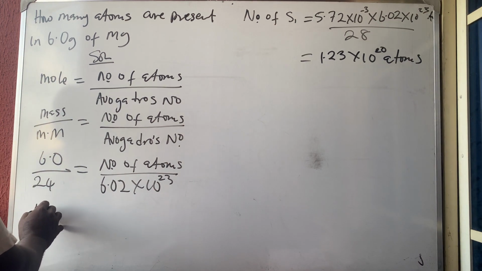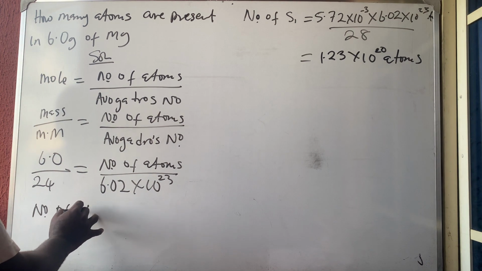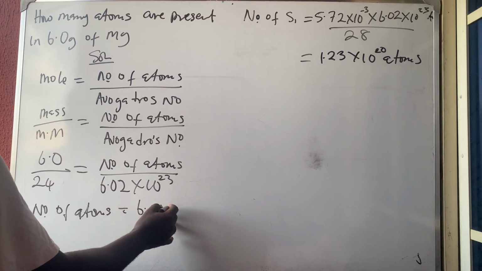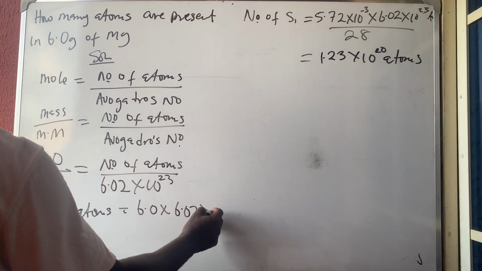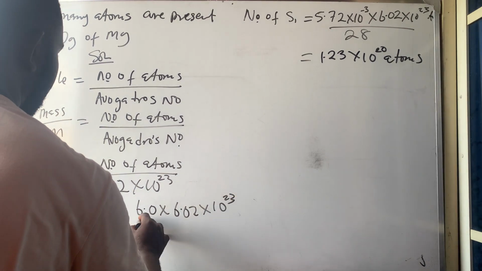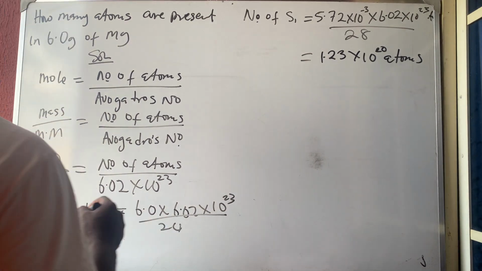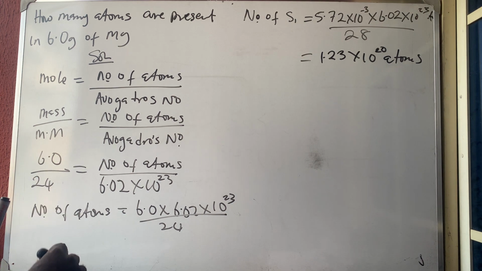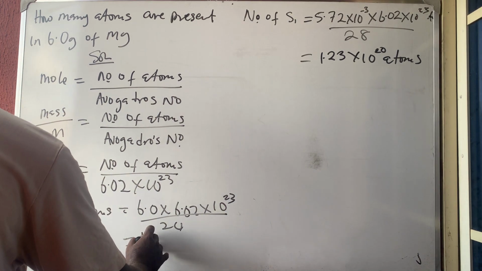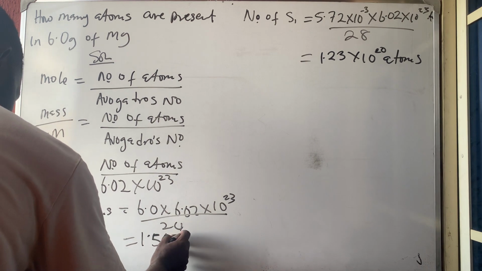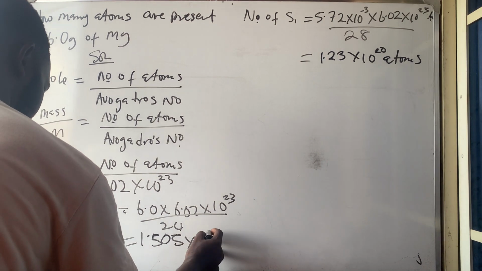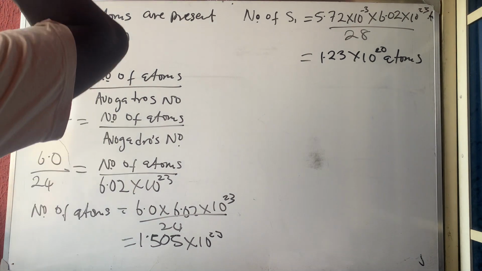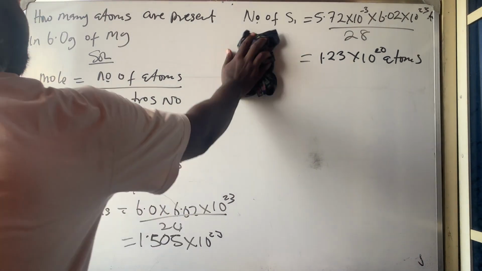If I cross multiply, the number of atoms is equal to 6.0 times 6.02 times 10 raised to power 23, divided by 24. So you're going to have 1.505 times 10 raised to power 23. Very, very simple.